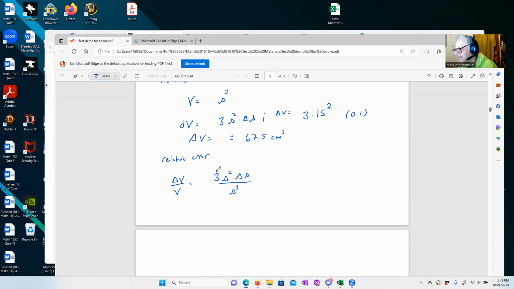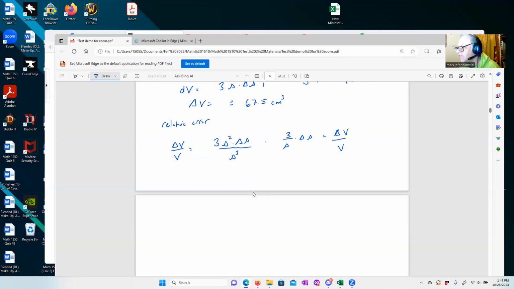Then we have some simplifying to deal with here. This is 3 over s times delta s. So my relative error, delta V over V, is just going to be 3 over 15 times 0.1.